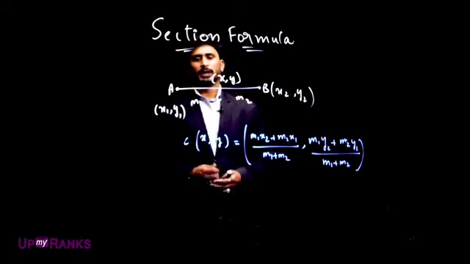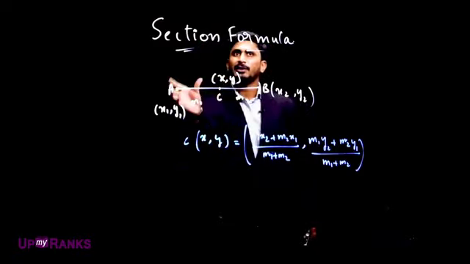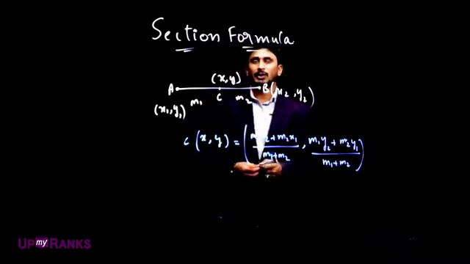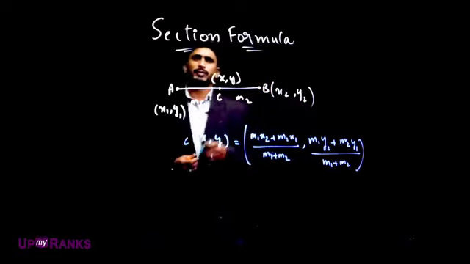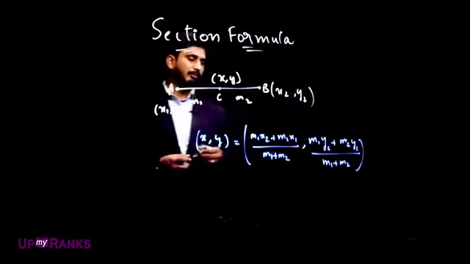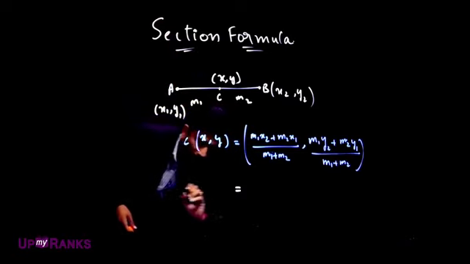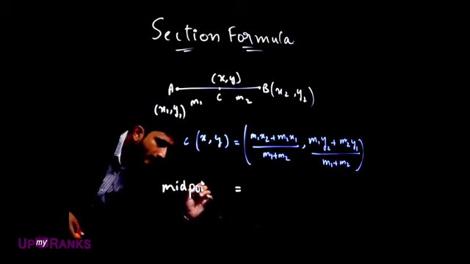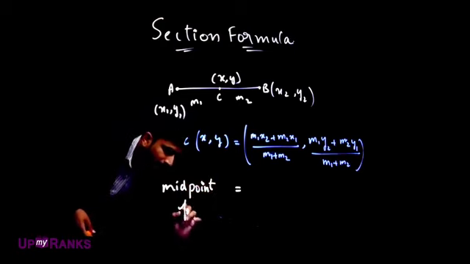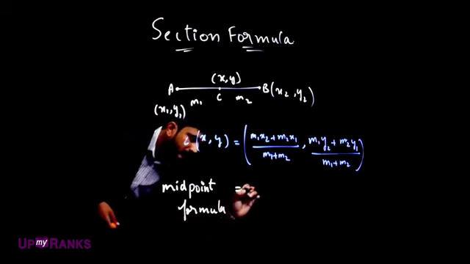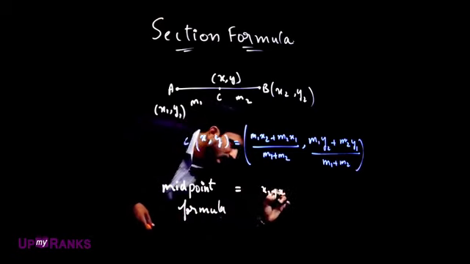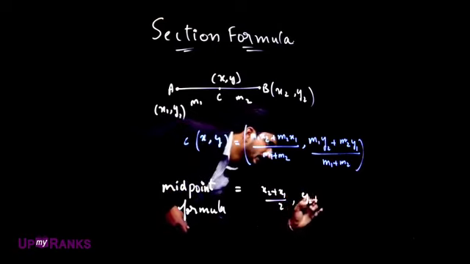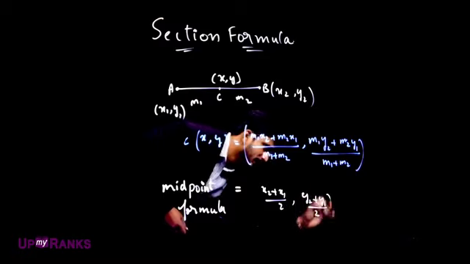So what if C is the midpoint of AB? The midpoint formula is also derived from this section formula itself, so we can write it directly. The midpoint formula is nothing but (x2 plus x1) divided by 2, comma, (y2 plus y1) divided by 2.